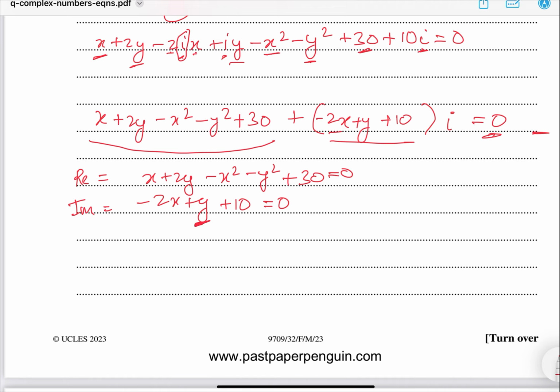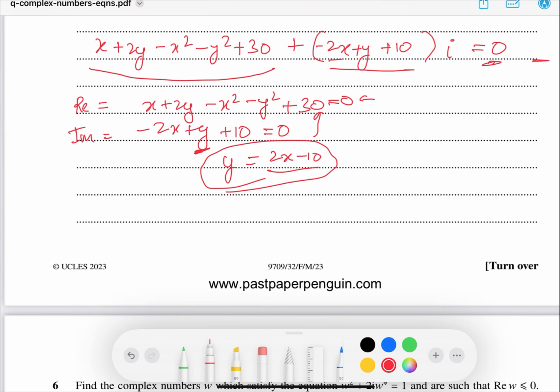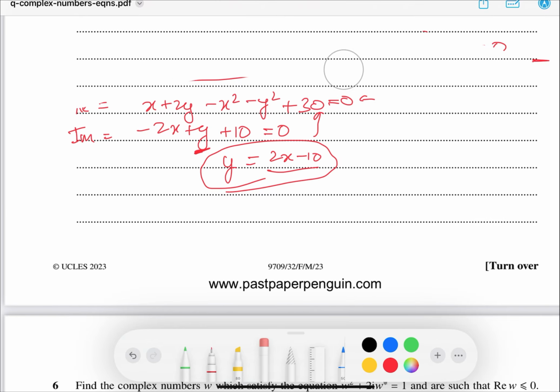So make y the subject and substitute in the other equation. So y equals 2x minus 10. Substitute the value of y into this one. Alright, so let's try to solve. I'm erasing this part.